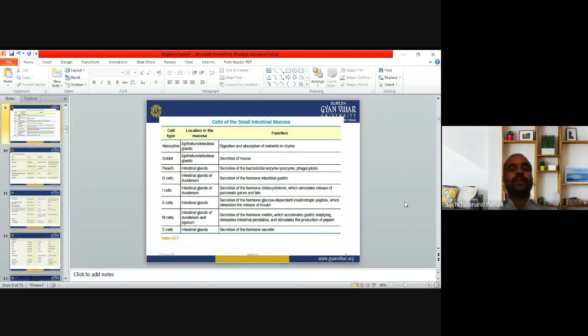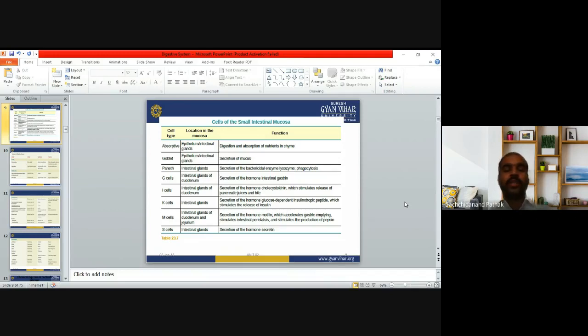Now these are the cells in the small intestine mucosa: the cell types, their location in the mucosa, and their function. For example, the absorptive cell is located in the epithelium and intestinal glands. Its function is the digestion and absorption of the nutrients in chyme. The second cell type is the goblet cell, in the epithelium and intestinal glands.